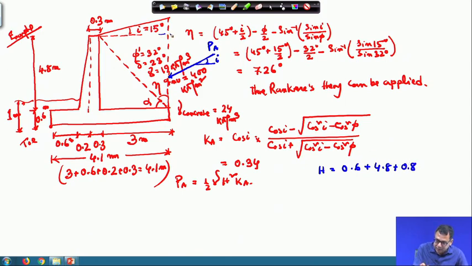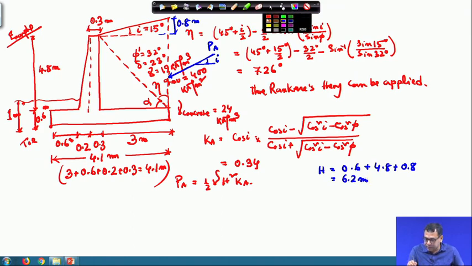You can calculate this portion as 0.8 meter, because this angle is 15 degree and this one is 3 meter. So, total H is coming out to be 6.2 meter.